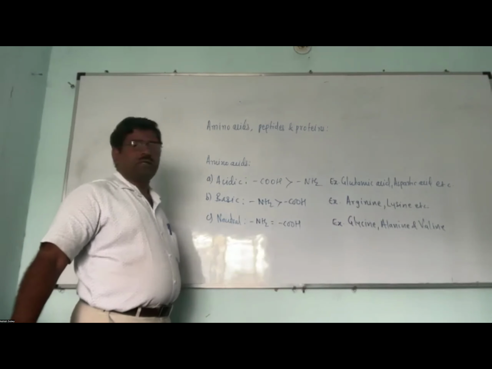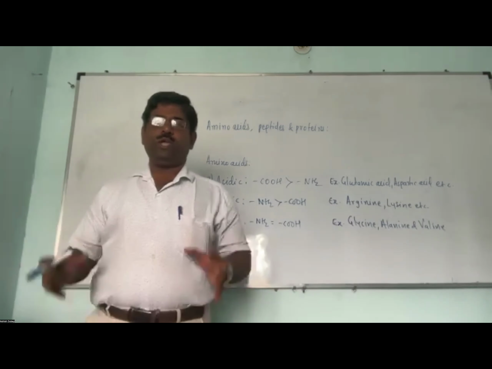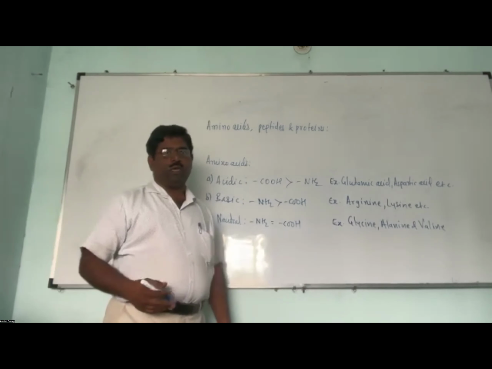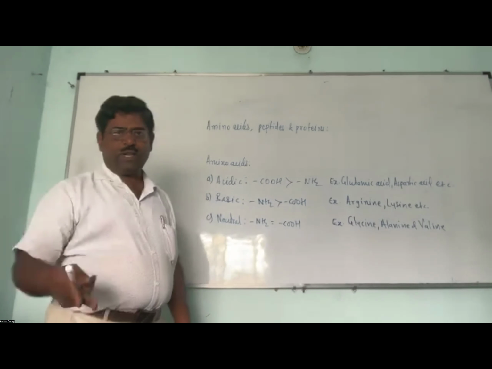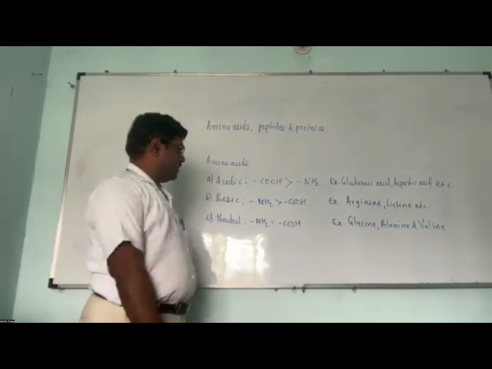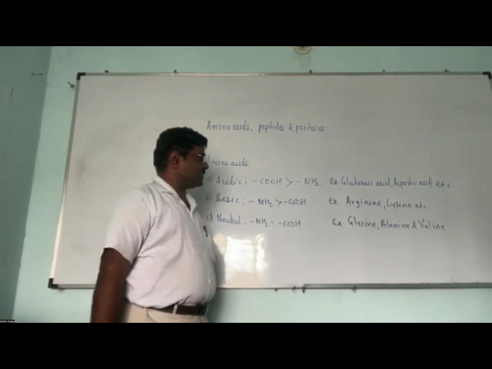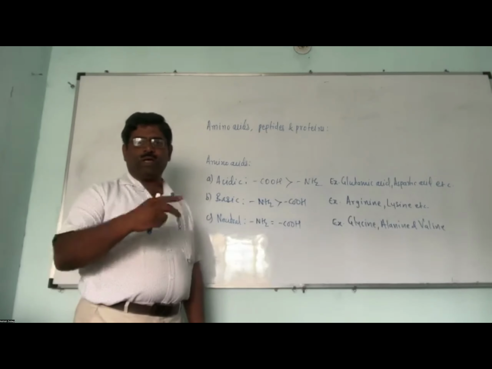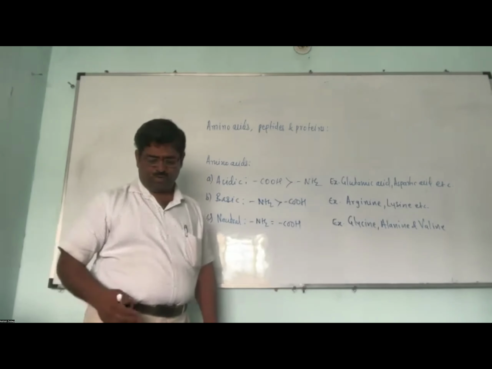Neutral amino acids consist of an equal number of amino groups and acid groups, one amino group and one acid group, so it is balanced. Best examples are glycine, alanine, and valine.